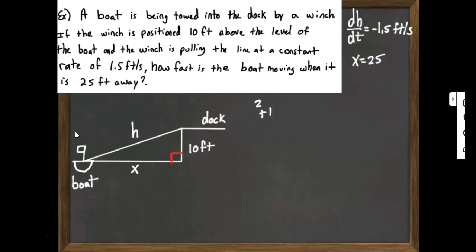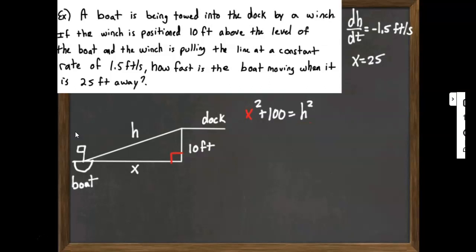So what we can say is this: x squared plus 10 squared equals h squared. Pythagorean theorem again. That's the relationship between x and h. We will eventually need to use that to figure out what h is.